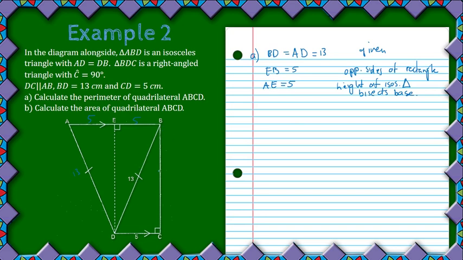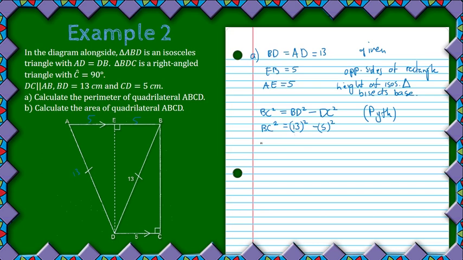Now, in order to find BC, we're going to have to use Pythagoras. So BC squared is equal to, now remember BC here is one of the short sides, so we need to say the long side, which is BD squared minus DC squared. Right, and we have used Pythagoras. Then we just substitute in our values. So BC squared is equal to BD, which is 13 squared, minus 5 squared.